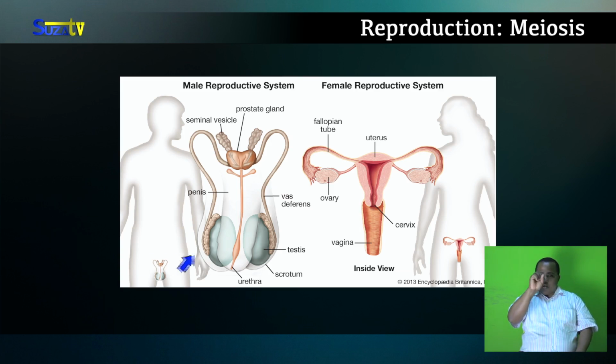Meiosis takes place in the testes in males and in the ovaries in females. These we call gonads.